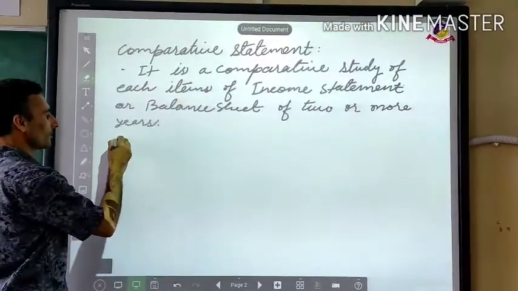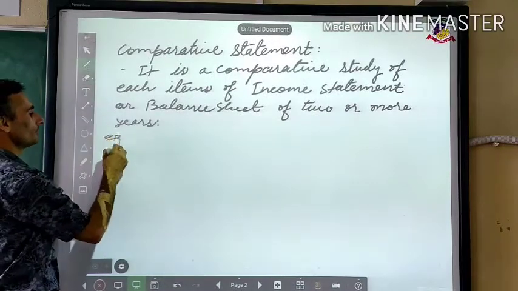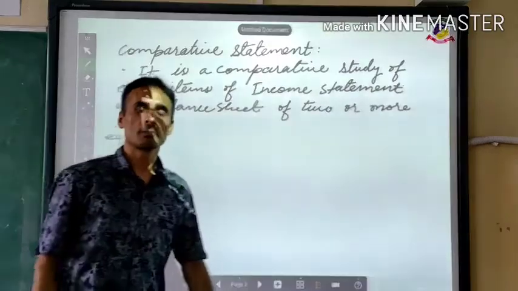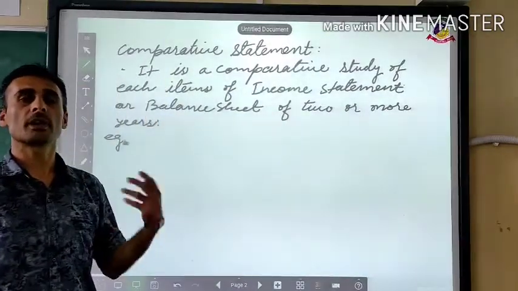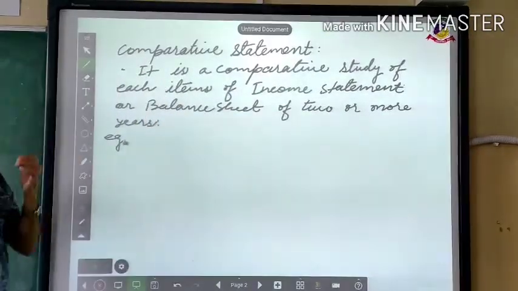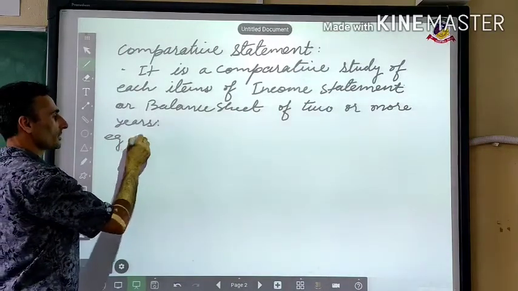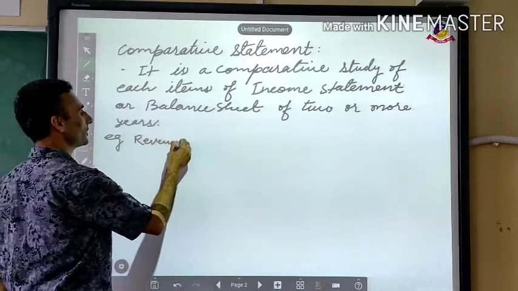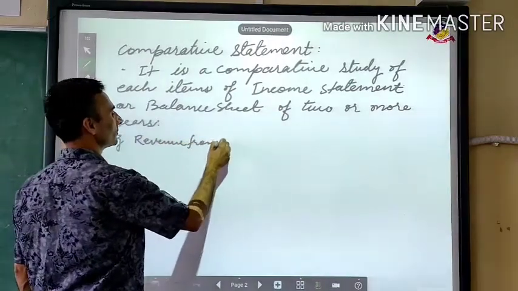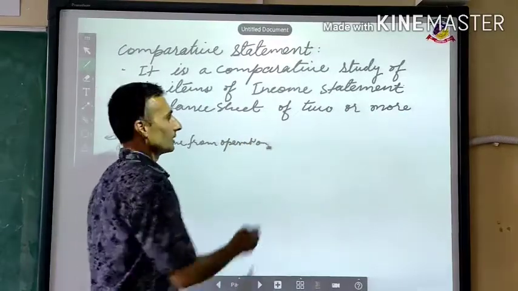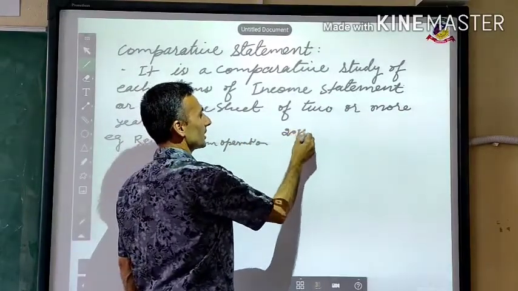For example, I'm showing you how to prepare a comparative income statement, taking some items from the income statement. Say I take the item revenue from operation. 2018, I take the current year.